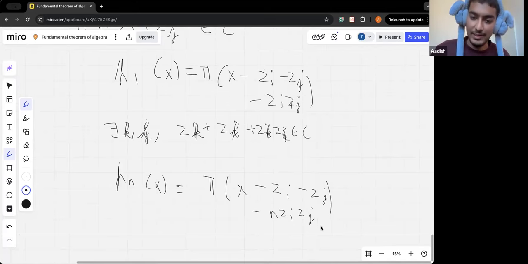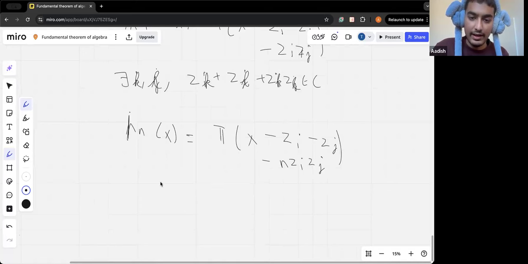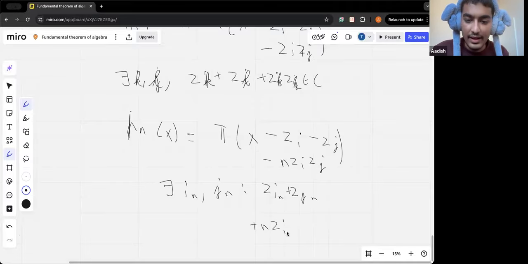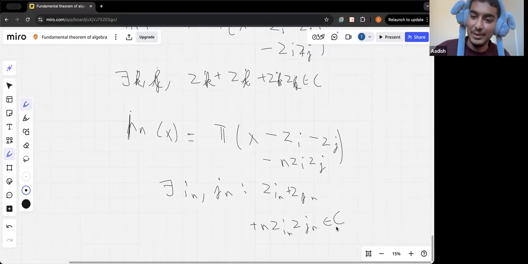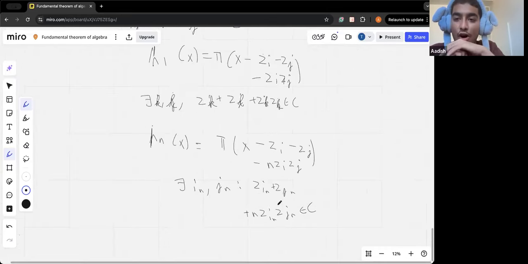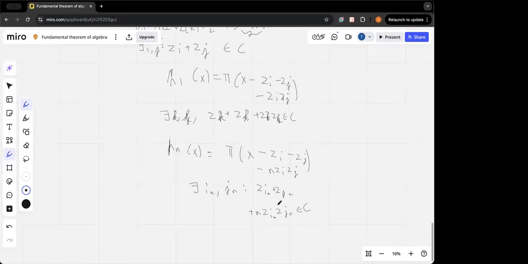So there exist in and jn, indexed further, such that zin plus zjn plus n zin is a complex number. This is true for all n. So just use the pigeonhole principle and find two which are the same thing.